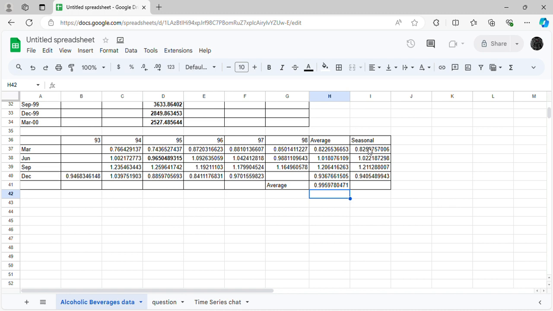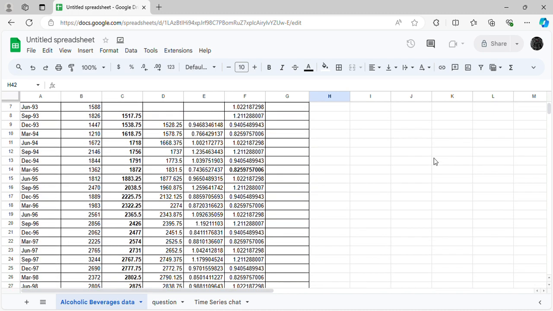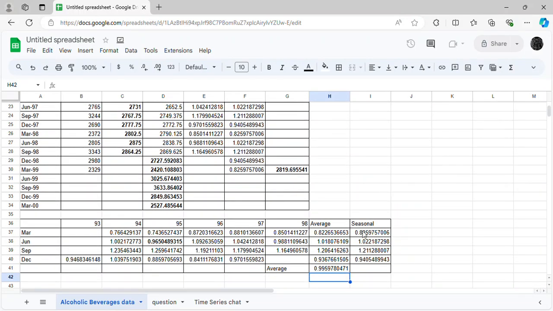Now we find the seasonal. So for the seasonal, we take the average for each quarter, divide by this total average.